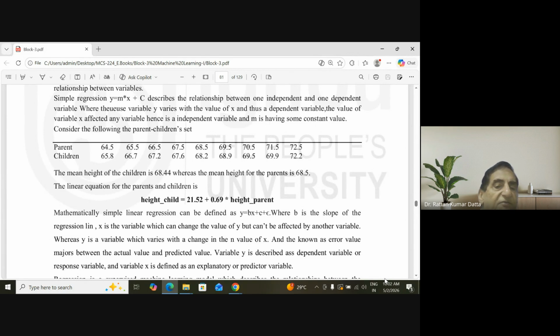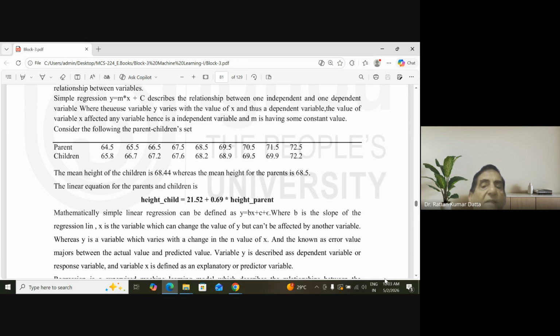So the height of the child is this plus 0.69 times the height of the parent. So this is parents' and children's height. The mean height of the child is this, whereas the mean height of the parents is 68.5. So with that result, this was calculated. So the linear equation for the parent and children is this.